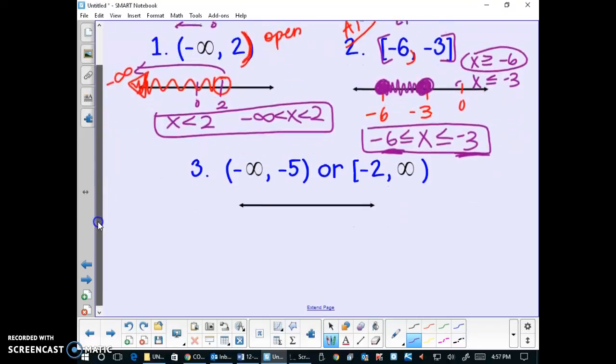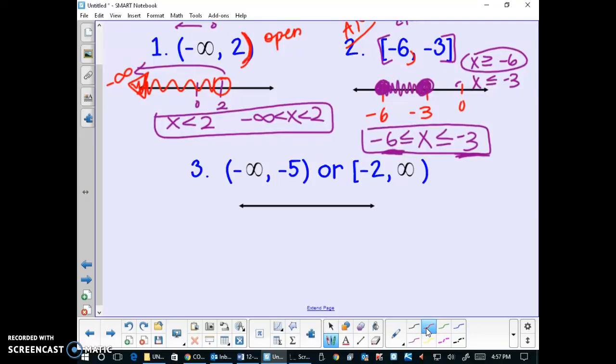And then number 3, we have an or, because it says the word or. So I'm going to graph it. I know this one goes to infinity, sorry, negative infinity. And since it's a parenthesis, it's an open circle. And then we take a little break, and then it starts back at -2.